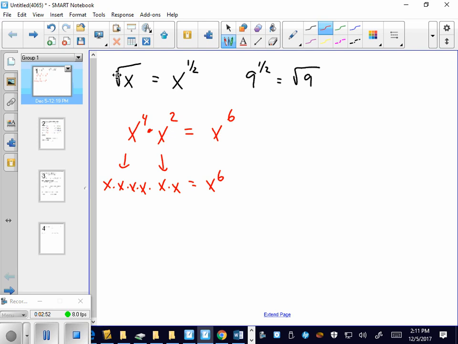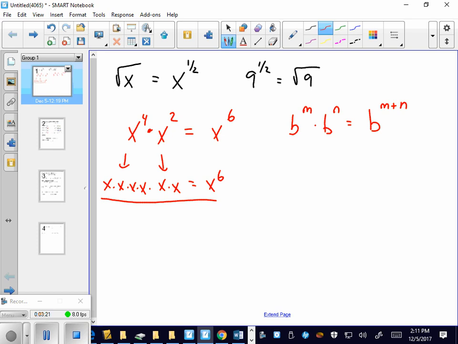So in general, the shortcut for that is if I have a common base, whatever the base is, raised to some power, multiplied by another common base raised to a different power, in order to get those two things multiplied together, it is the base raised to the sum of the exponents, you adding the exponents. If you can think of it like this, it makes it a lot easier to remember the rules.